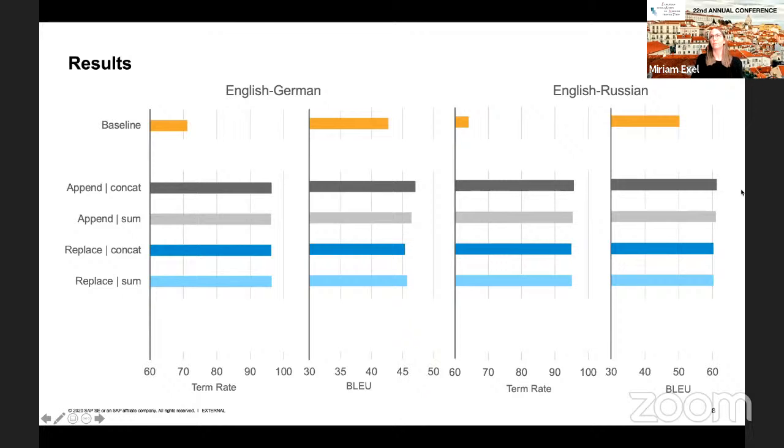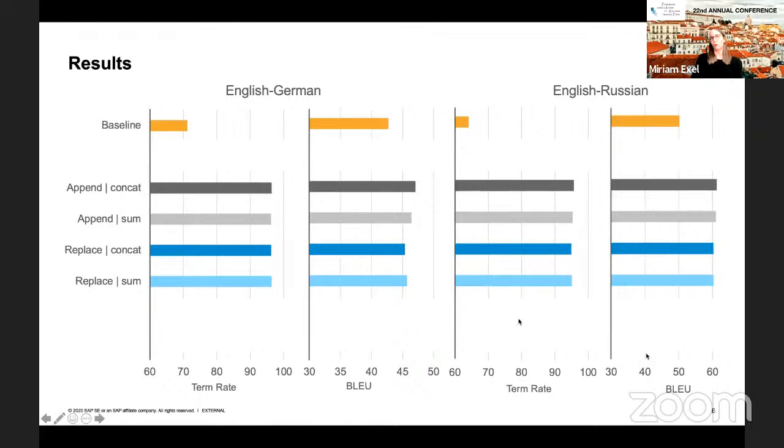There is not much of a difference in the individual methods as reflected in the term rate here and here. But according to the BLEU score, the combination of appending the target terms and concatenating the source embeddings, so that's the dark gray bars here, seems to work best. Overall, the results show that the approach is effective in improving the translation quality using terminology constraints in our scenario here. So SAP data annotated with SAP terminology.